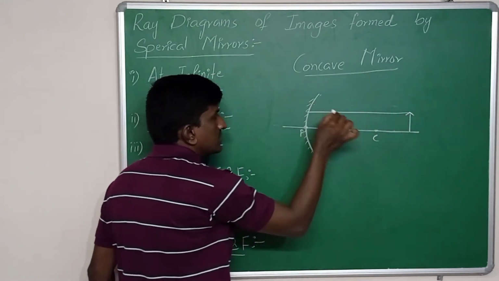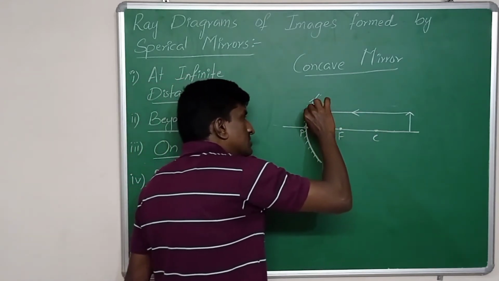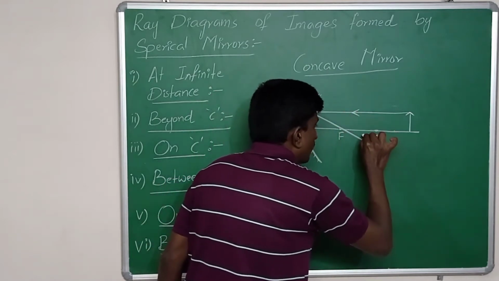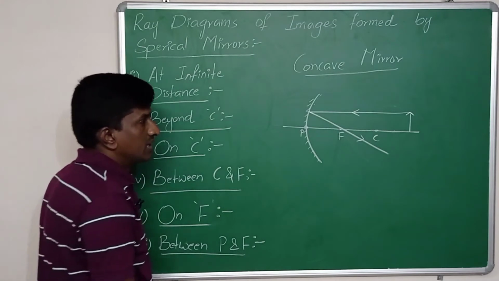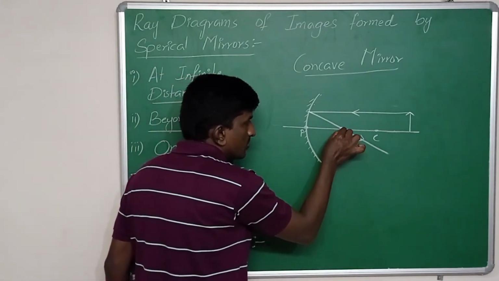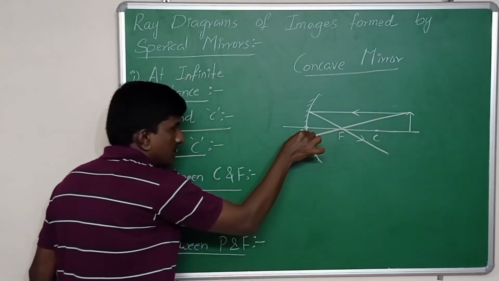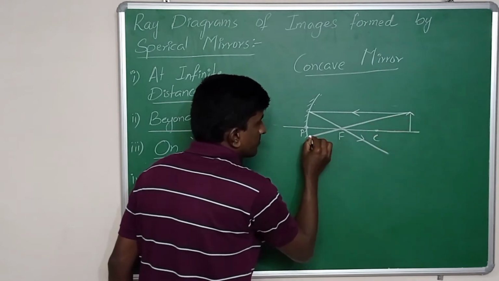The first light ray is the parallel light ray. We know that the parallel light ray after reflection always passes through the focal point. This is a reflected light ray. The second light ray I am taking is the one passing through the focal point. Two light rays are taken from the tip of the object.